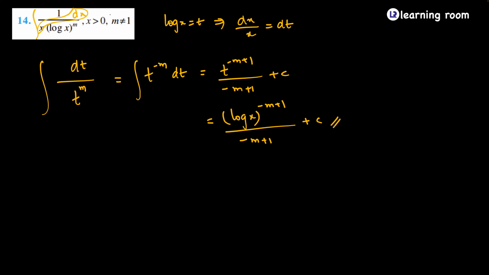Divide the numerator and denominator by e power x. Divide, and this will become e power x minus e power minus x divided by e power x plus e power minus x. Understand? So now this e power x minus e power minus x.